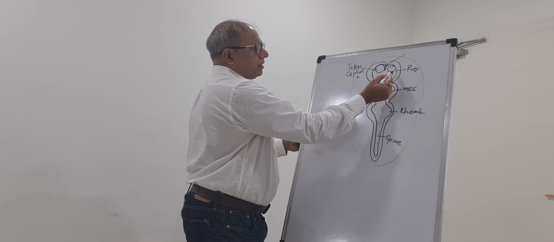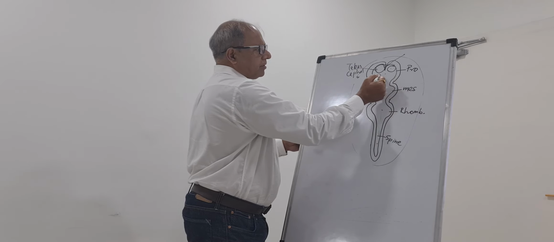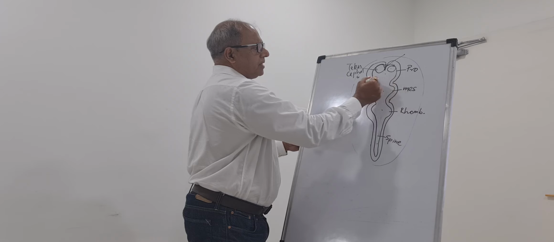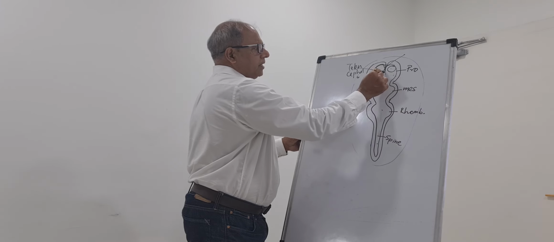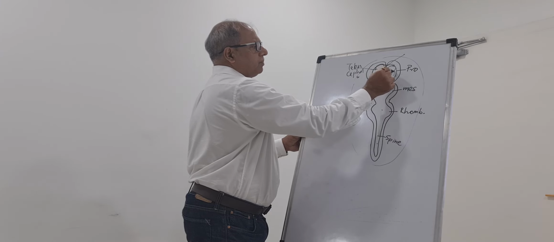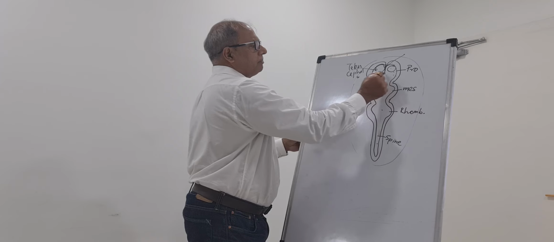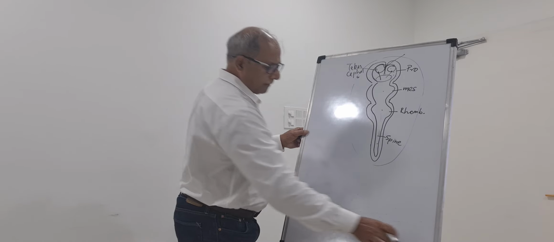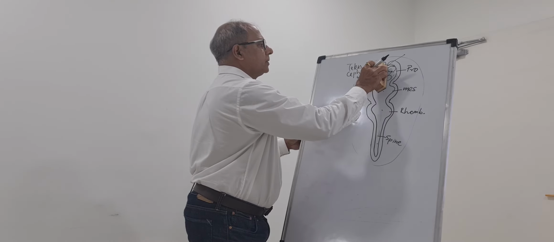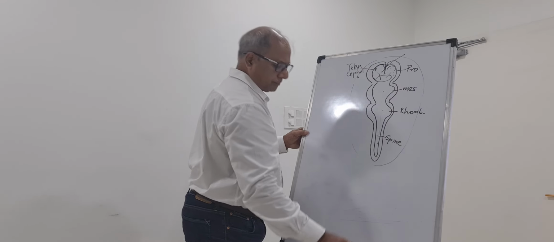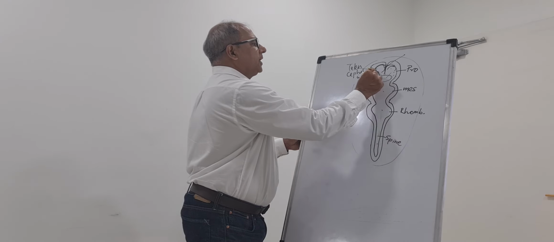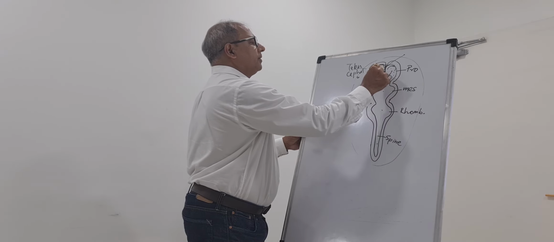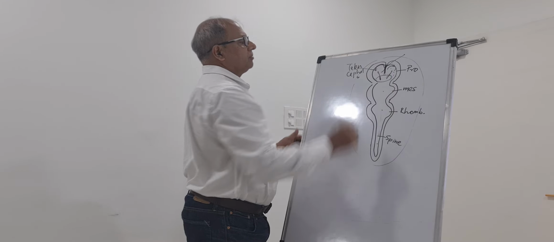You see one part of the prosencephalon, which is the forebrain, is common here. So there is formation of 2 parts and 1 common part, which is connected with this cavity and this cavity.